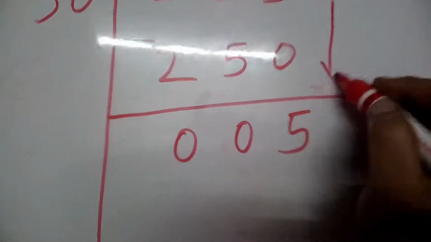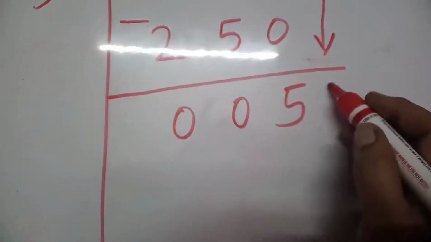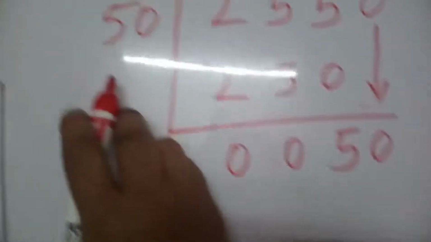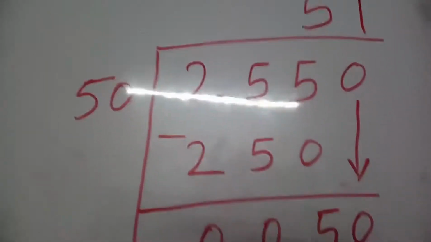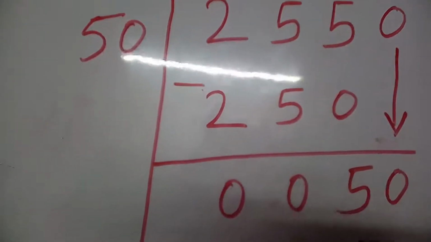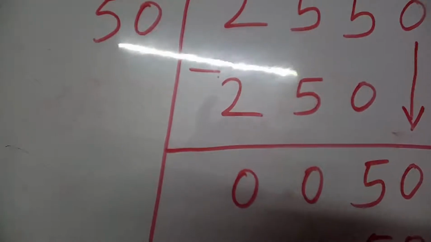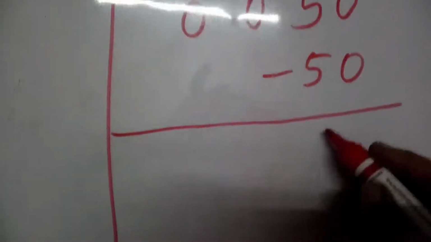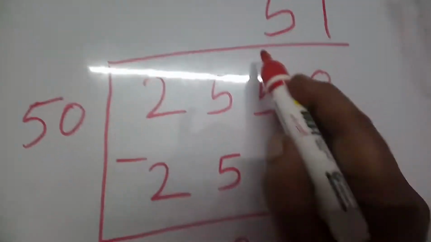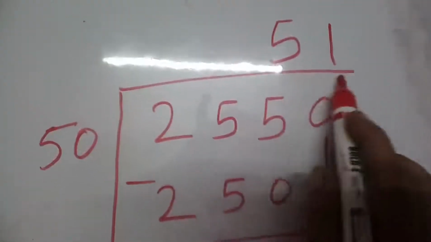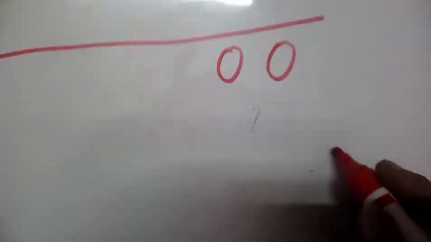I will take this 0 downside. Now 50 ones are 50. So he needs 51 packets. Our answer is 51. So we will write he needs 51 packets.